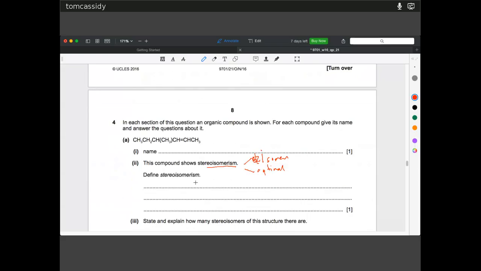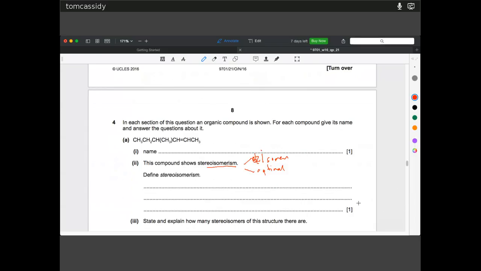Oh, sorry, one organic compound that has the same molecular formula, but has different arrangement of its groups in 3 dimensions in space.